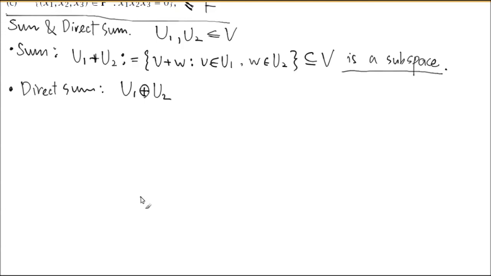As a set, as a subspace, it is exactly this. This one is indicating an additional property, right? We write U1 plus U2 as U1 ⊕ U2 if it has a unique representation.